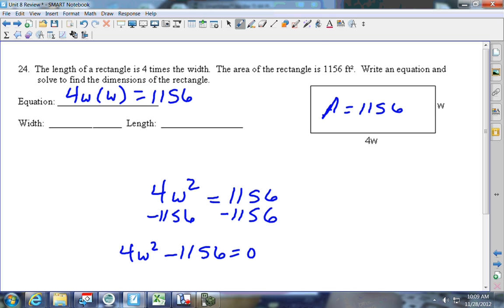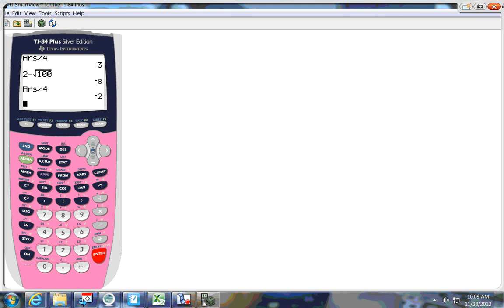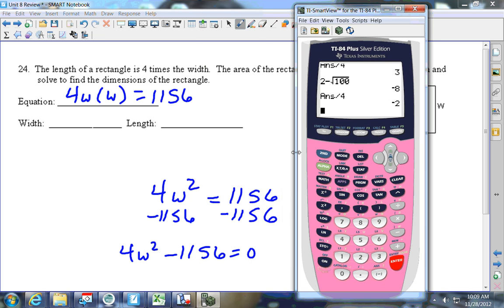Well, the easiest thing to do is go in the calculator. Go to y equals. Put in there 4x squared minus 1156 and find the positive solution, because one's negative and one's positive.